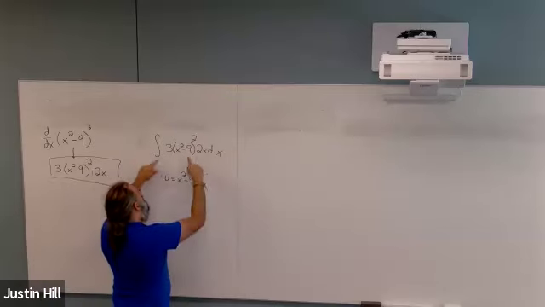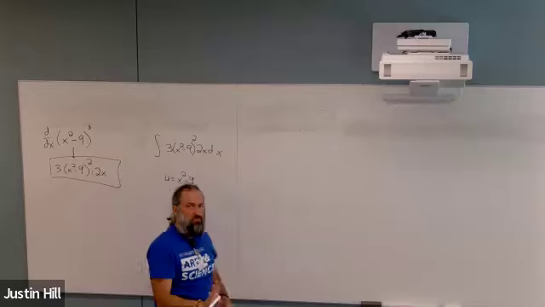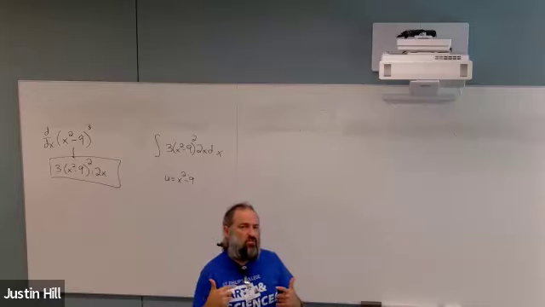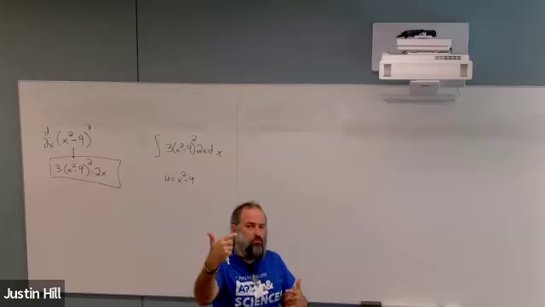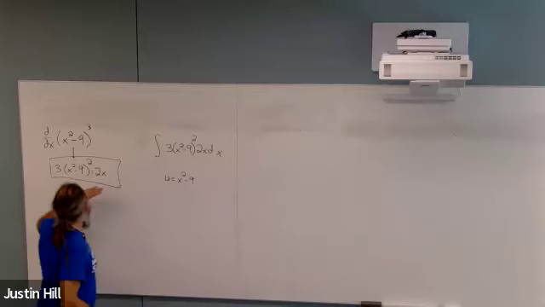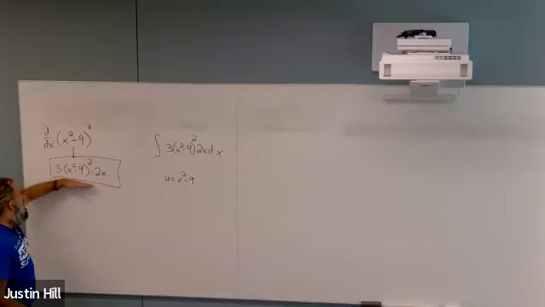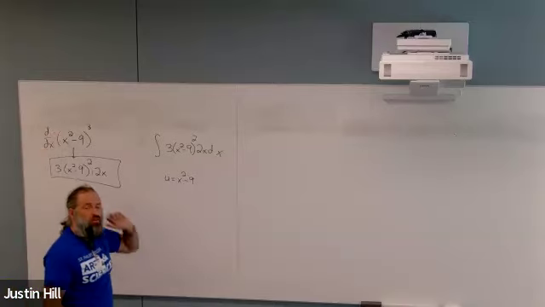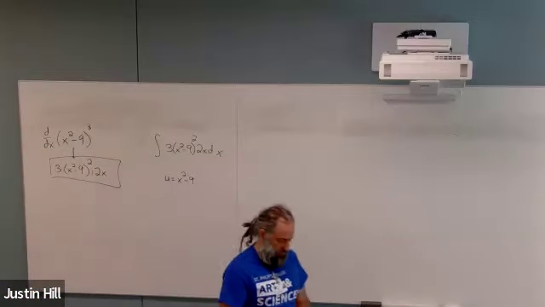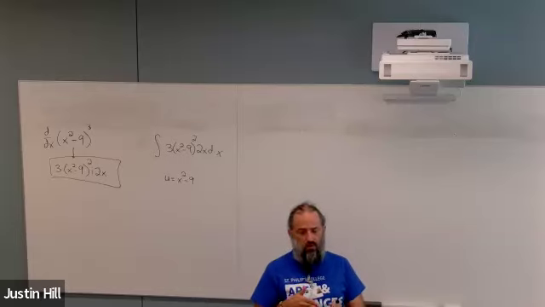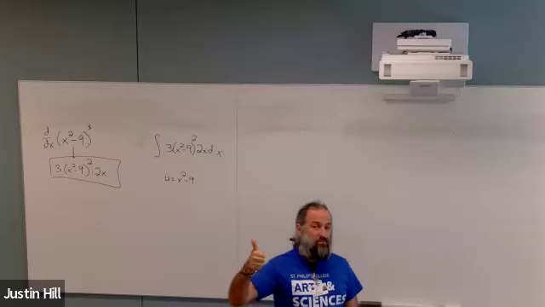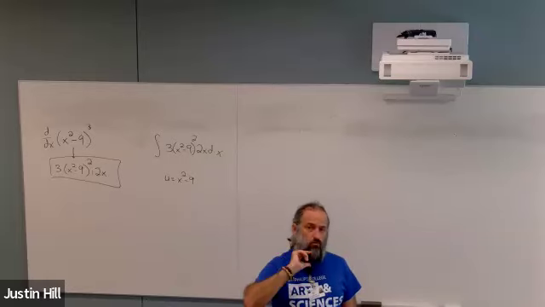All substitution is reverse chain rule. I'm going to start with this, and if I have all of this, then when I take the integral, it just moves me back up to x squared minus 9 cubed. So that's maybe the first big or important connection for you guys for this lecture: substitution is just reverse chain rule.